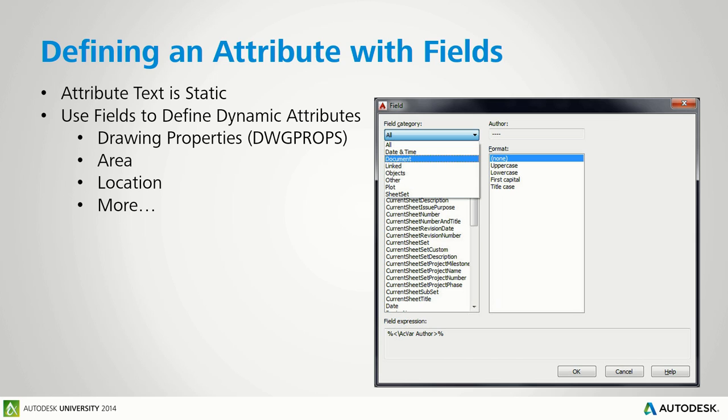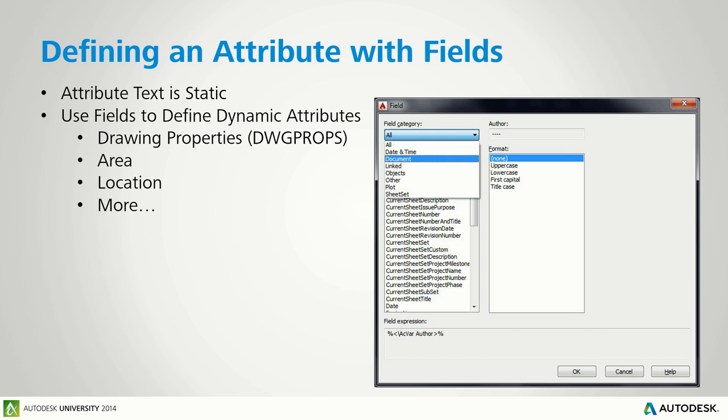One of the things I'll be showing in this class is how we can add document properties to our attribute. So in the title block, maybe I wanted to automatically show the save date, who the drafter was for that revision. Okay. I could even show a plot date. There's all kinds of different properties in the field categories.